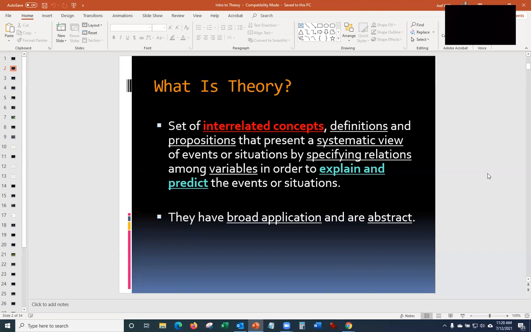There are other models and theories that were developed looking specifically at sexual behavior, looking specifically at smoking behavior, and we can go on and on.